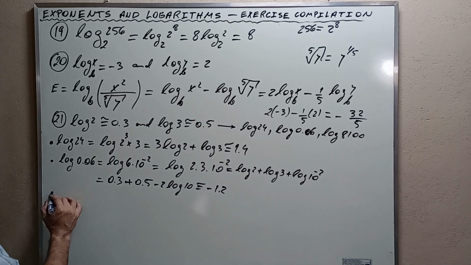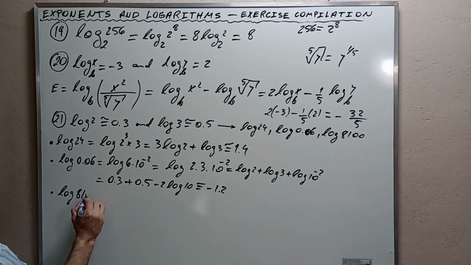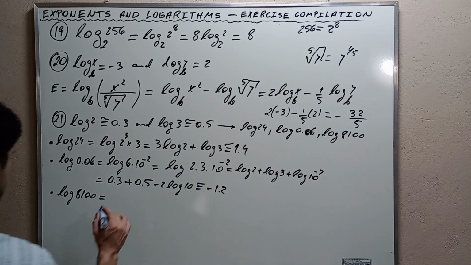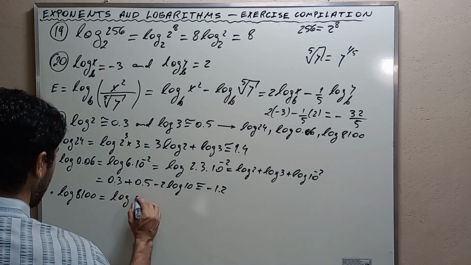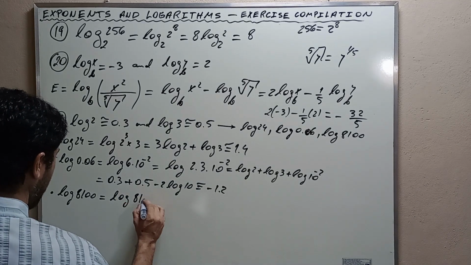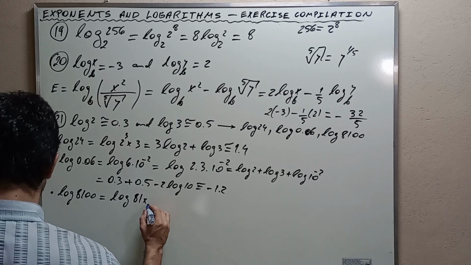Okay, negative 1.2. And now the logarithm of 8,100. How do we calculate this? Observe that 8,100 is equal to 81 times 100.